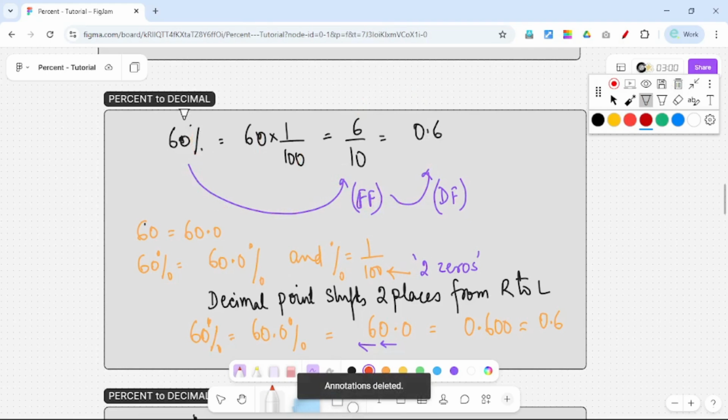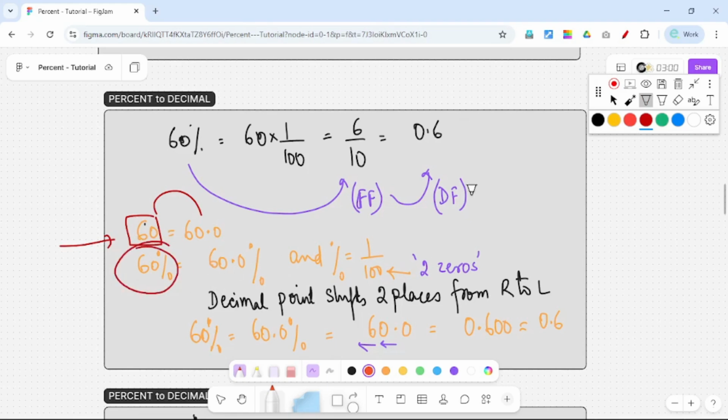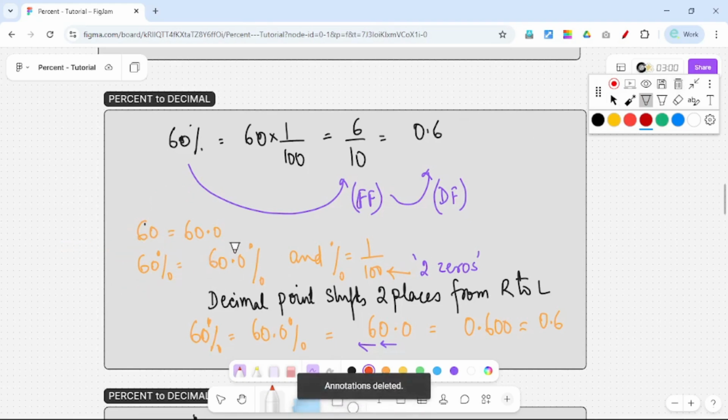If you want to convert directly from percent to decimal number, the number 60 can be written as 60.0. So 60% I can write as 60.0%. And since percent means 1 upon 100, that means in the denominator I have 2 zeros.